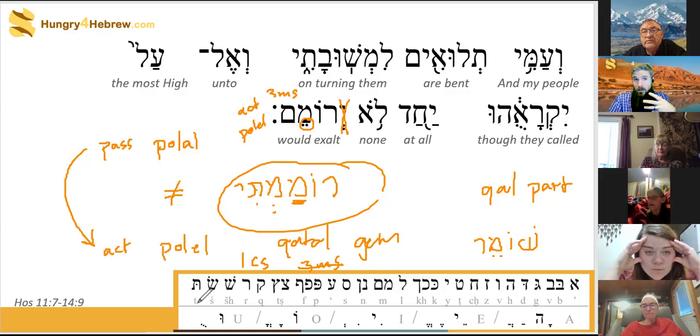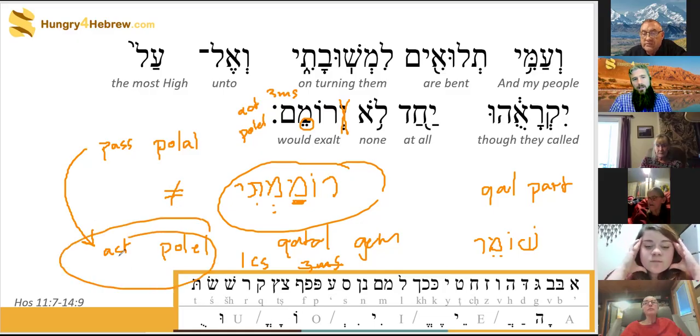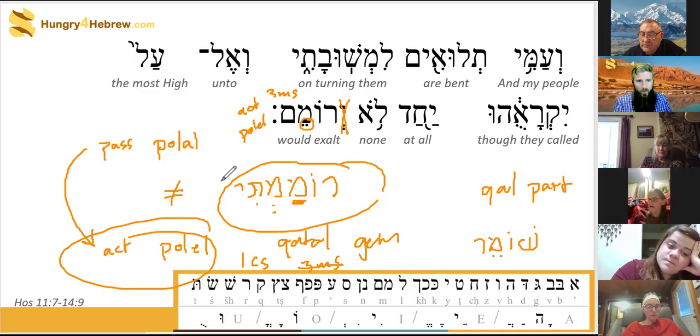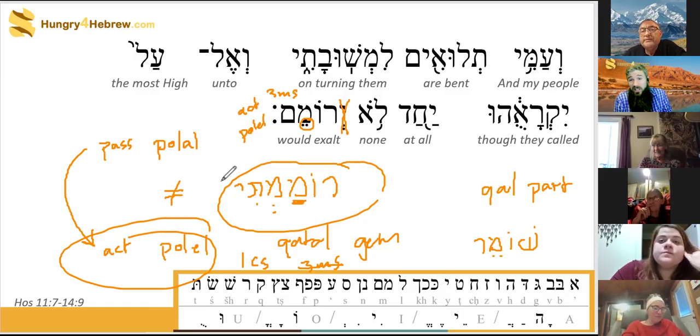Is there a direct object? Well, then it has to be active. Does the context demand that someone is the subject? Then it's active. That's really kind of a big fat bummer trying to figure out whether these polals and polels are active or passive. But fortunately, they really don't show up a whole lot in the Bible. So don't stress about it.